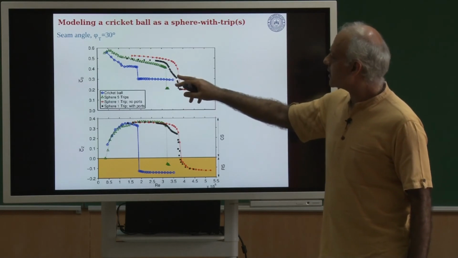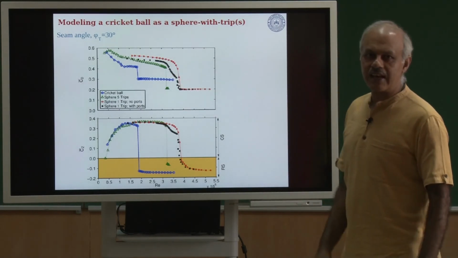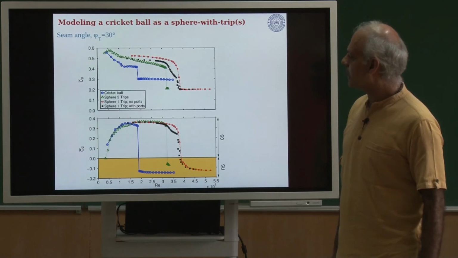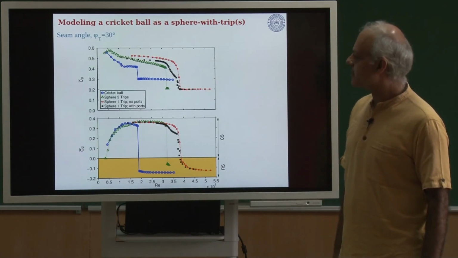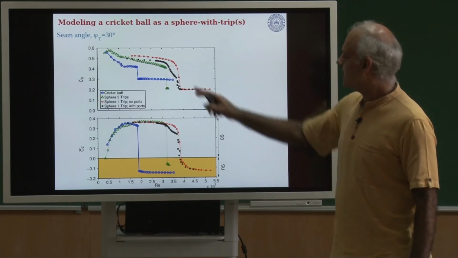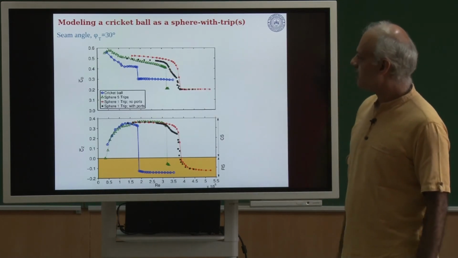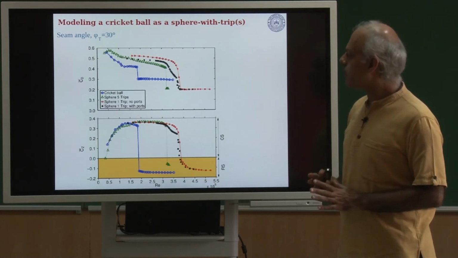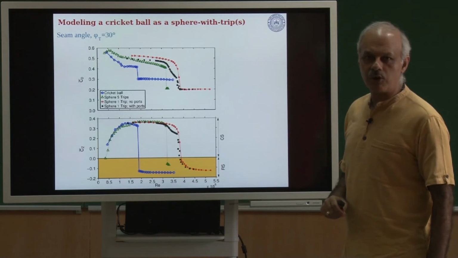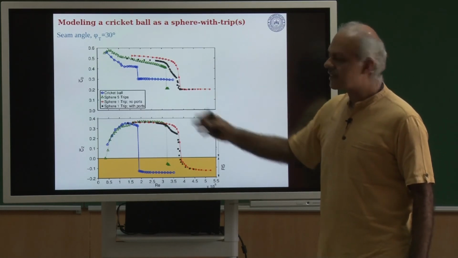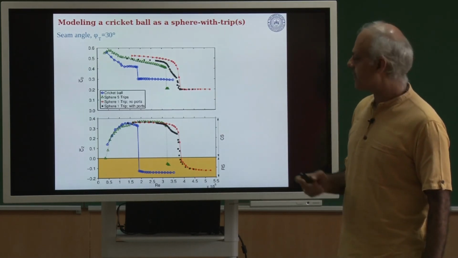If you have a single trip, then it moves further to an even larger speed as expected, and there is some difference if you have roughness because of pressure ports, then the curve becomes a little bit smoother. So qualitatively, all balls behave the same, whether they are real cricket balls or synthetic balls, but just the location of the critical speed changes.